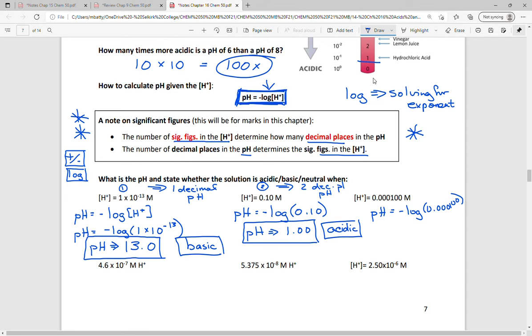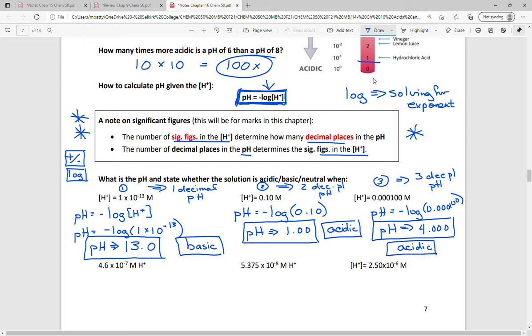I would have 3 sig figs, so that's going to give me 3 decimal places in my pH. And so when I do this on my calculator, the pH is going to come out to, you guessed it, 4, but I'm going to write that as 4.000 as the pH. And a pH of 4 gives me an acidic solution.